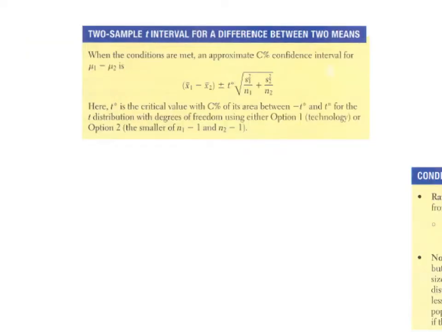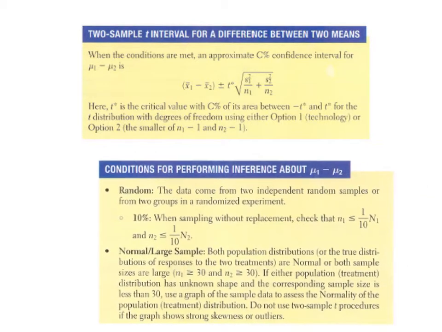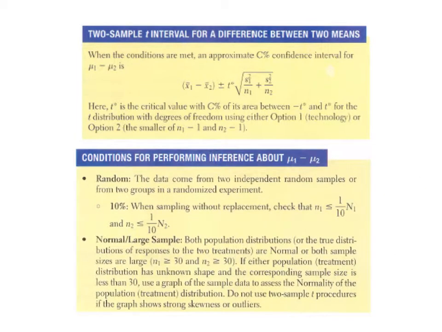Okay, so let's look at constructing a confidence interval for the difference between two means. When our conditions are met, and our conditions are the same as before, both samples need to be random, or they need to come from two groups in a randomized experiment. Both samples need to meet our 10% condition, and both samples need to meet our normal or large sample condition.